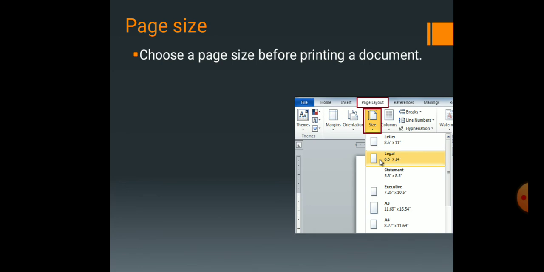Before printing a document, we have to check whether the page is correct and fits the printer. For that purpose we are going to use the page size also. Normally we will use A4 size. If we want to change it also, we can do that. So how to do that? Let us go through the steps.